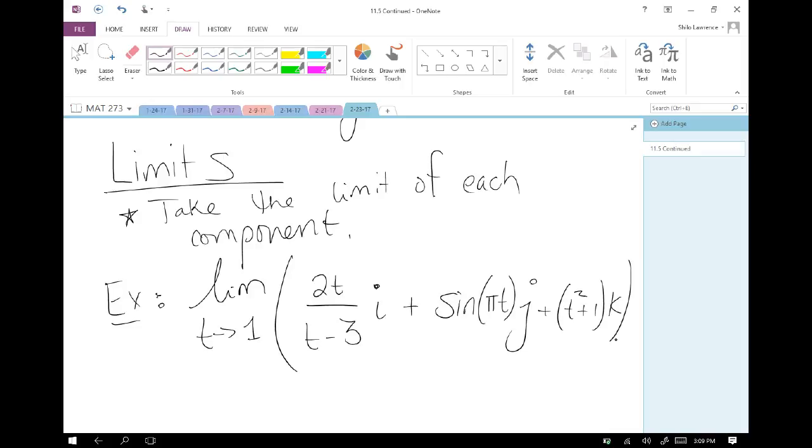We want the limit as t approaches 1, so we're going to plug in 1. It's going to work for all of them. Always just try to plug it in, and then we'll see if we run into trouble. Just start with direct substitution, plug it in, see what happens.